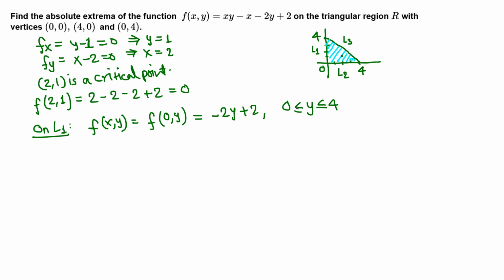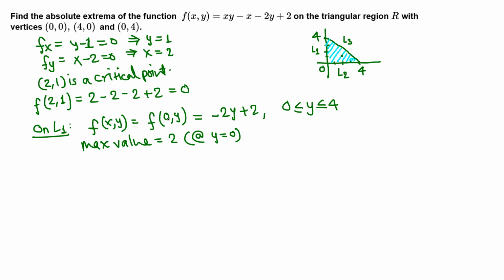Clearly, if we plug in 0 here, we get 2, that will be the maximum value. And when we plug in 4, negative 2 times 4, negative 8 plus 2, negative 6, that will be the minimum value. And we don't have to find all other values. So the maximum value is 2 at y equals 0.